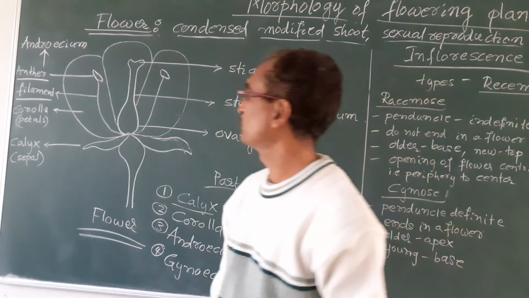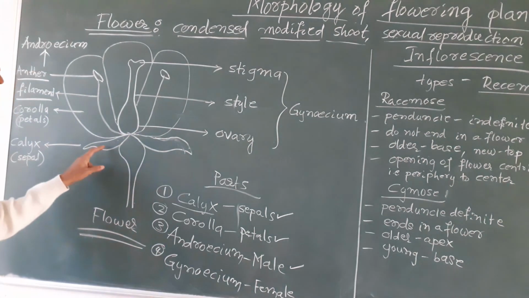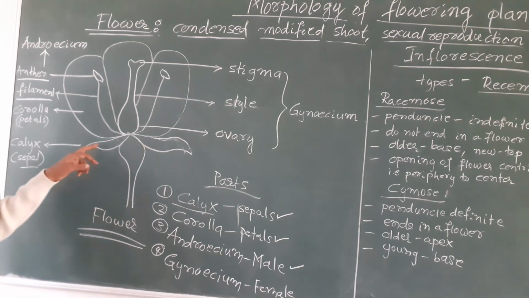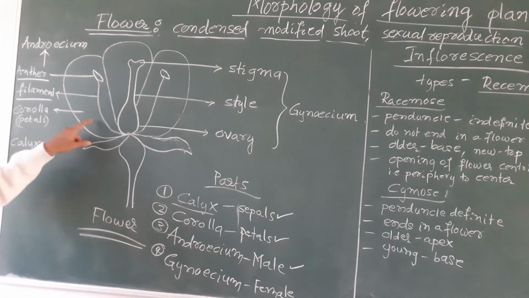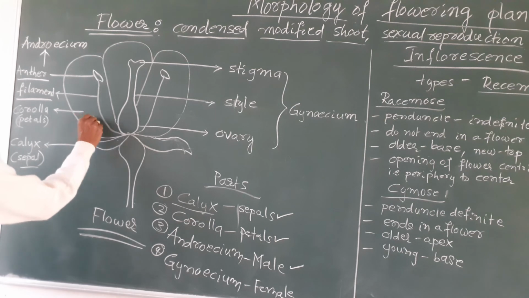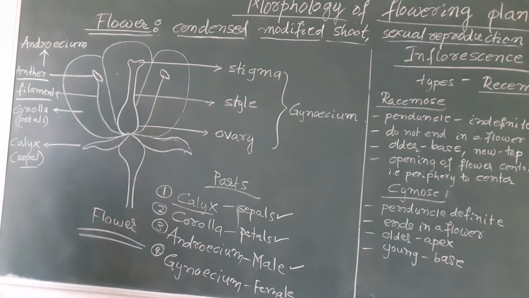So the outermost whorl is the calyx, and the individual members are called sepals. Next to this, you see, is the corolla, and the individual members are called the petals.